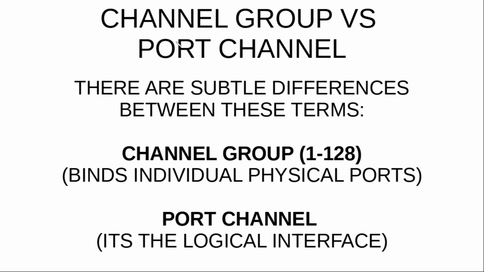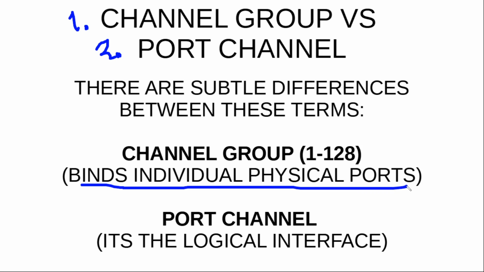Now, in order to create EtherChannels, we have these two building blocks: the channel group and the port channel. The channel group is the actual command that we issue in order to bind individual physical ports together. And then a port channel is created.